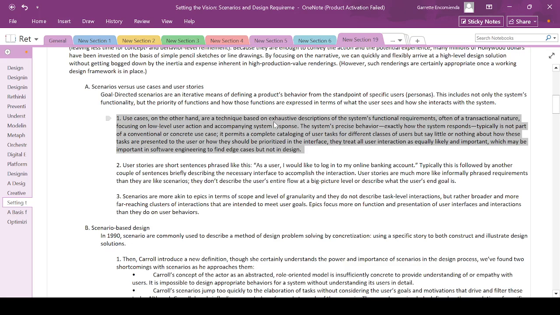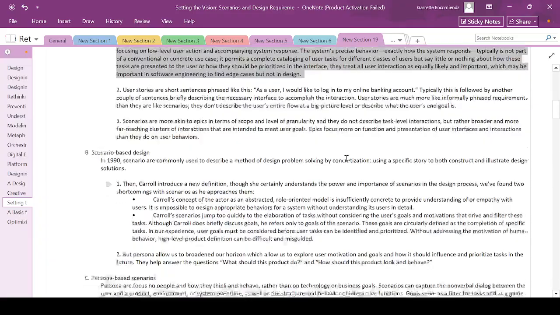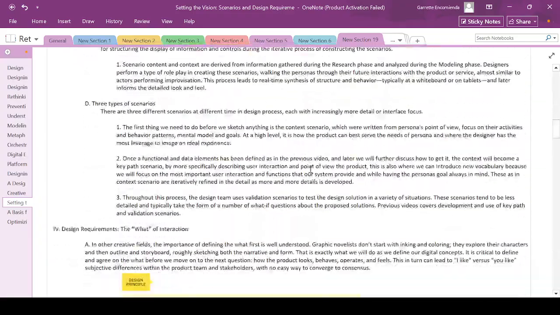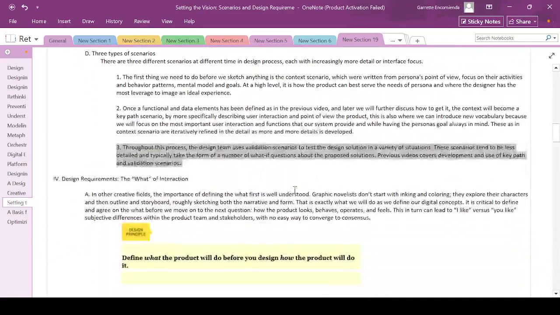Here, use cases. So here the use cases and the validation scenarios are kind of similar, because both are testing all the edge cases.